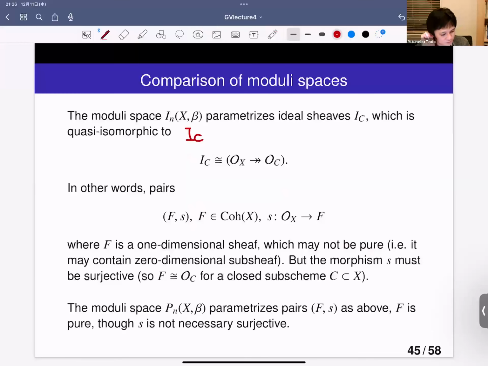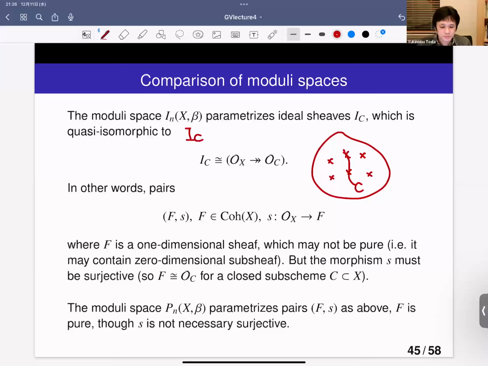This is because for an ideal sheaf, we consider a curve, but there might be some point which may or may not lie on C. So if there is such a point, then O_C may have some zero-dimensional subsheaf.